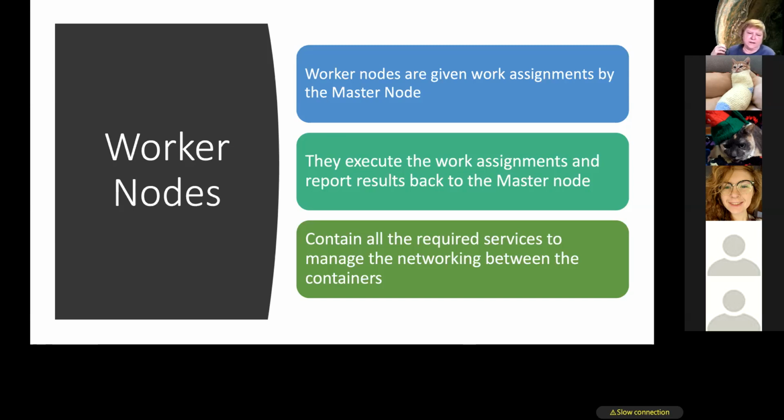The workers have all the services to manage the networking between containers. The nodes will have containers within them in these pods, and it will work with all of those containers.